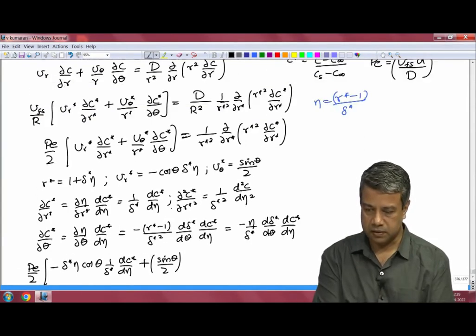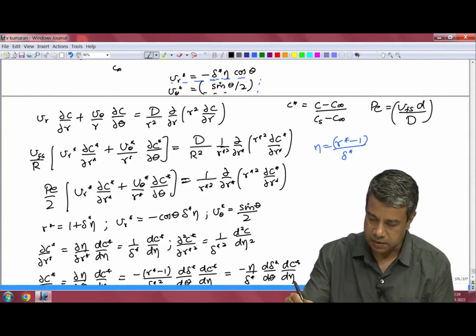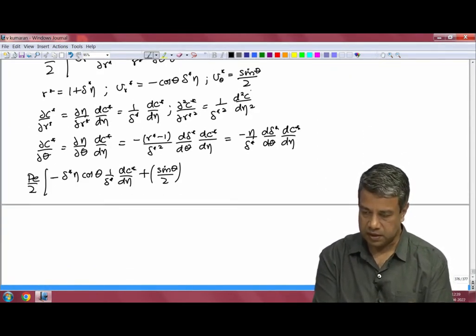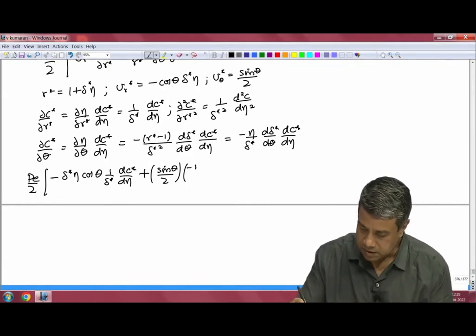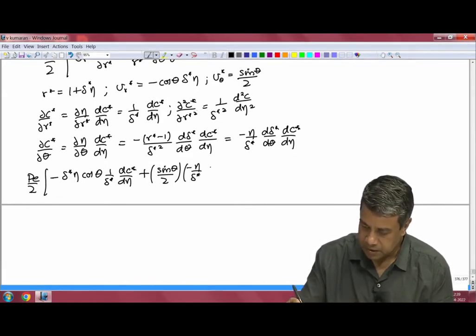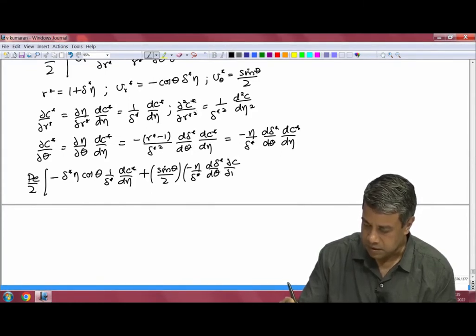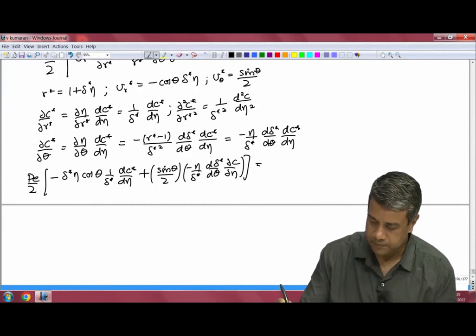V theta recall was equal to sin theta by 2 over here, into partial c by partial theta, which is minus eta by delta d delta by d theta, partial c by partial eta.